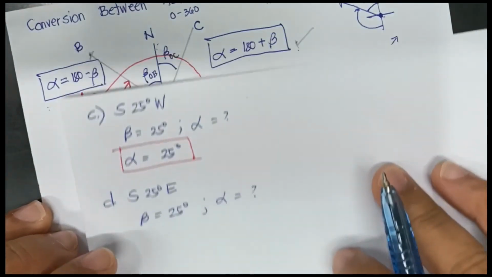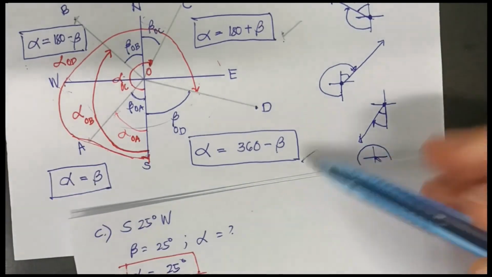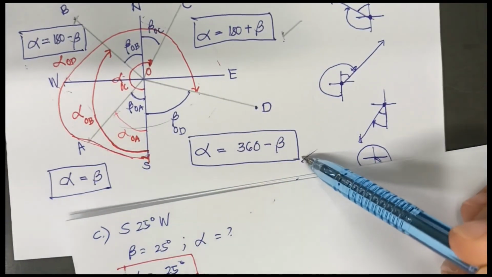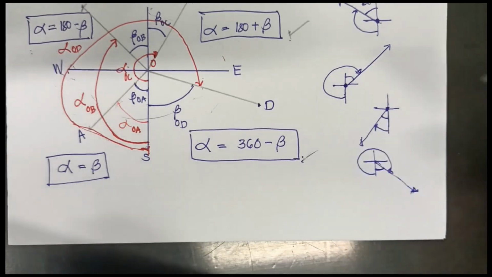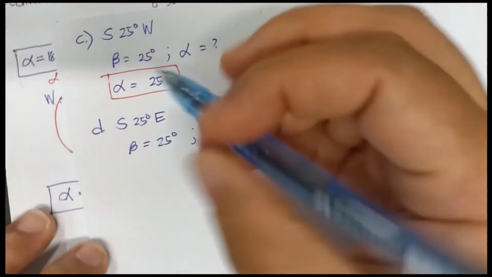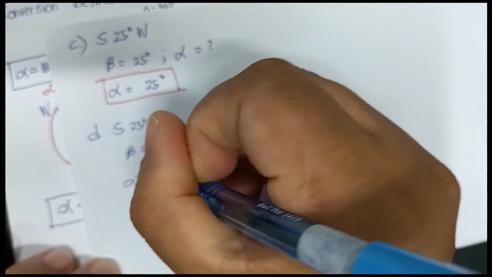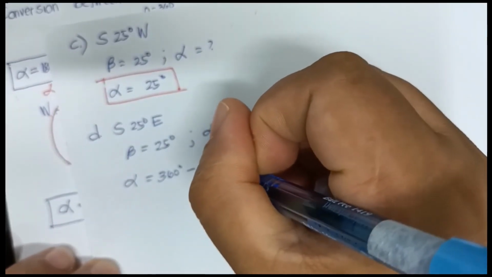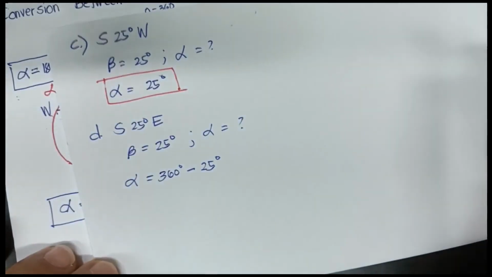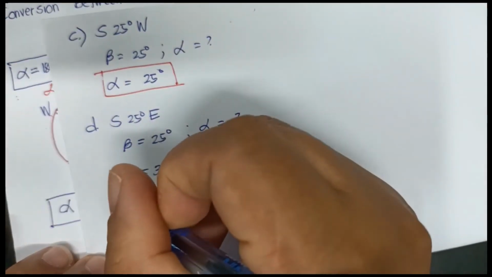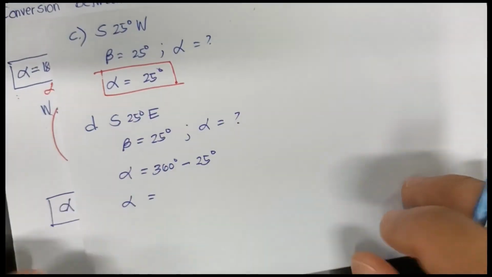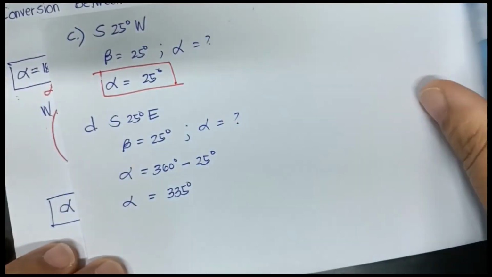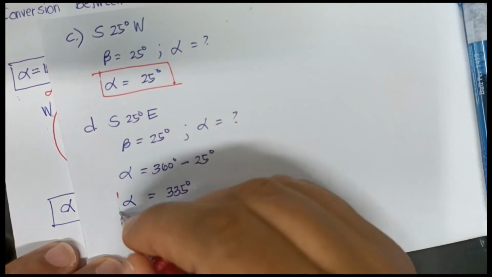That is southeast, so you have to use this relationship: alpha is equal to 360 degrees minus 25 degrees. Therefore alpha is equal to 335 degrees.